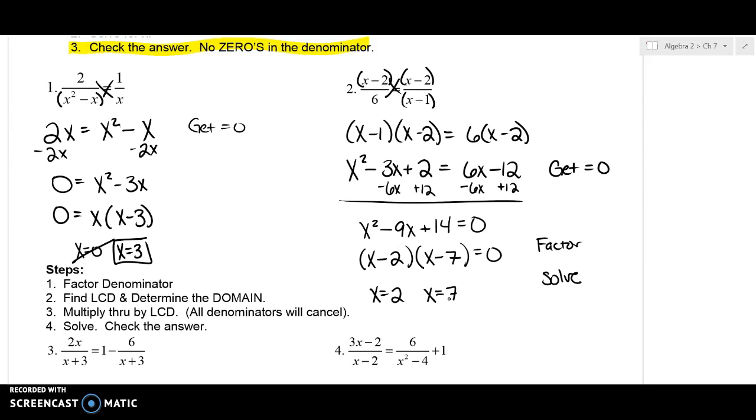What you're really checking for is, do either of these solutions create a mathematical situation that can't exist? Do either of these solutions make the denominator equal to 0? If we try plugging in 2, the only denominator that has an x is the second one. 2 minus 1 does not give us 0, so 2 is a solution. We plug in 7. 7 minus 1 does not give us 0, so 7 is a solution.